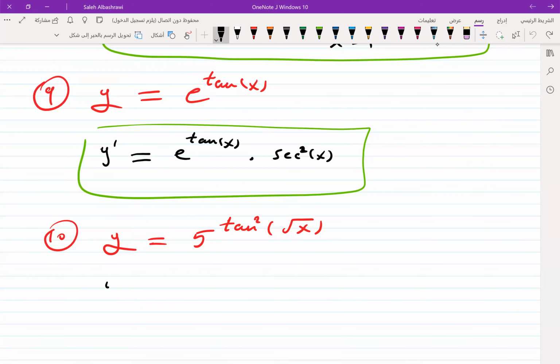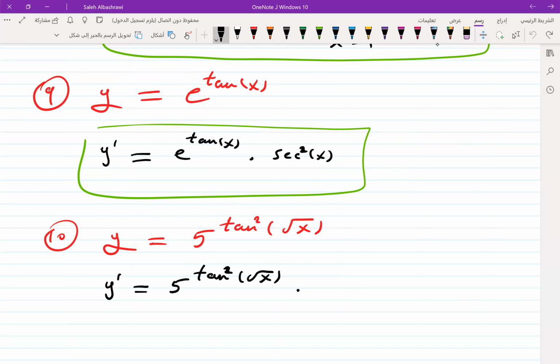So the derivative in this case, y prime equal to, first of all, it is the function as it is, 5 to power tangent square root of x multiplied by the derivative of the power. Now the power consists of 3 functions. The power itself, it is square, tangent, and square root of x.